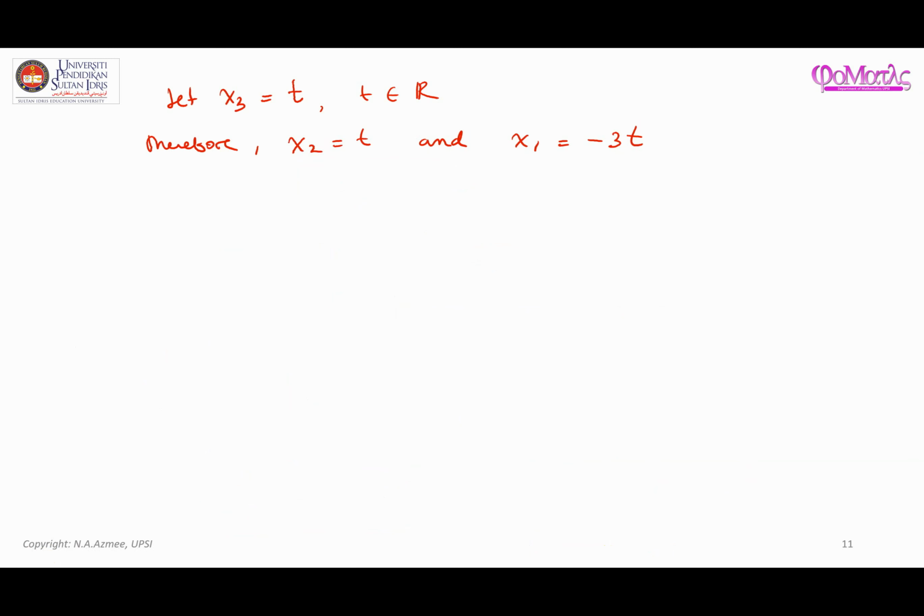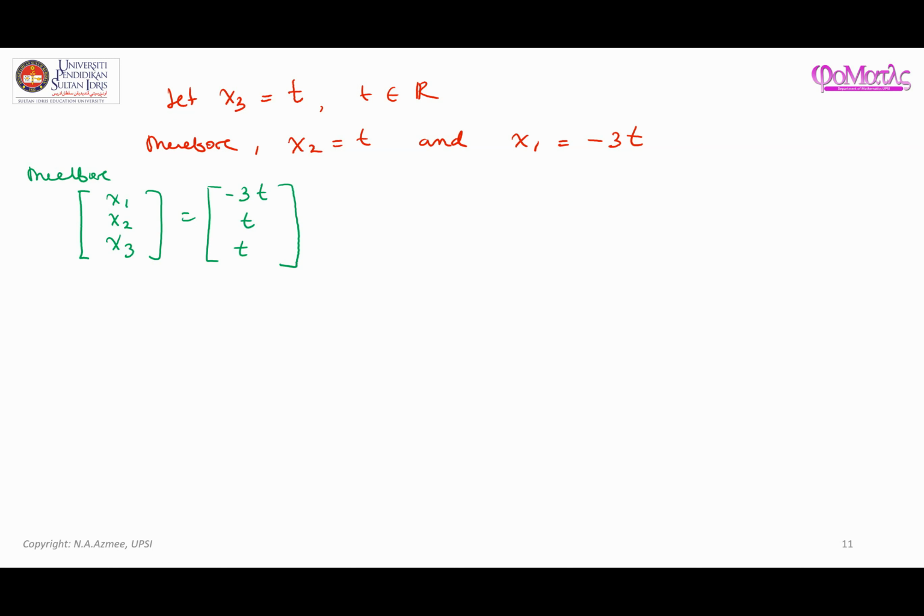Next, let us try and write the solution in vector notation. So x1, x2, x3 is equal to negative 3t, t, t. This is the answer that we've got. Now we can try to consider separating numbers and alphabets.